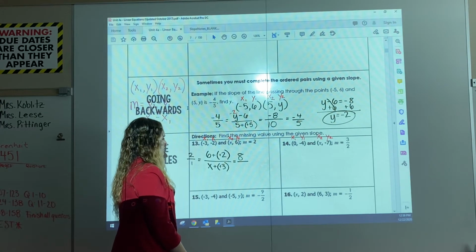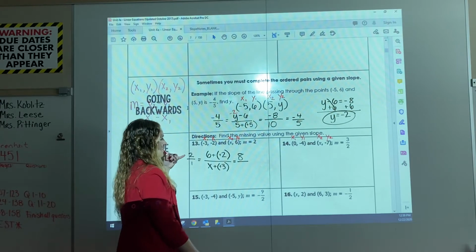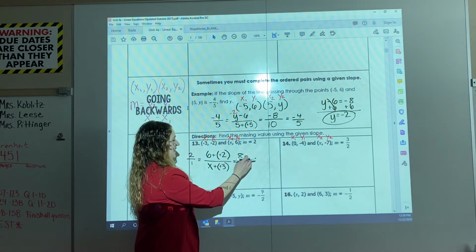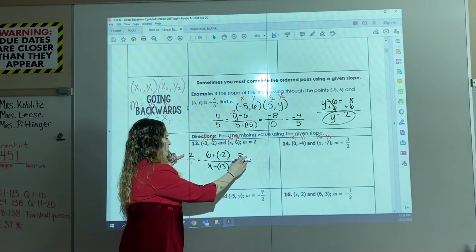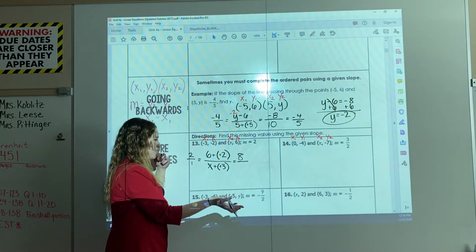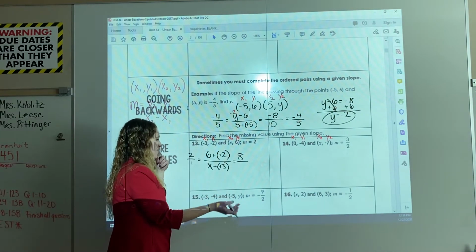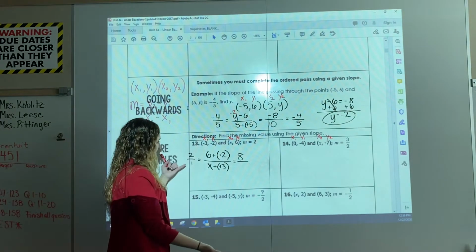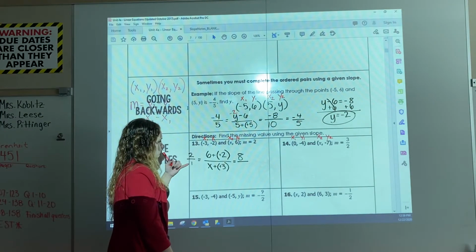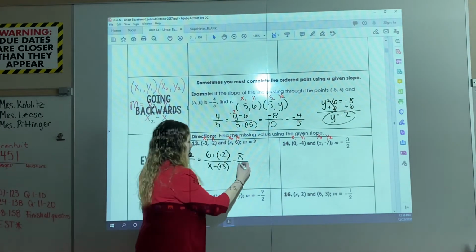So, what would I do to 8 to get to 2? I would divide by 4. Absolutely. So what would I divide by 4 to get to 1? Probably 4.